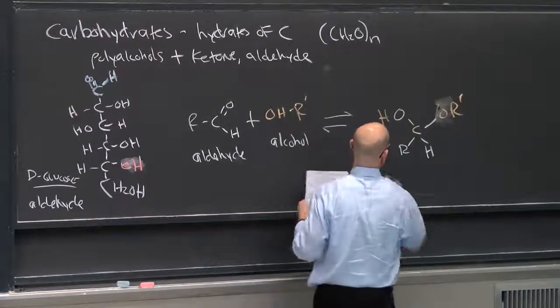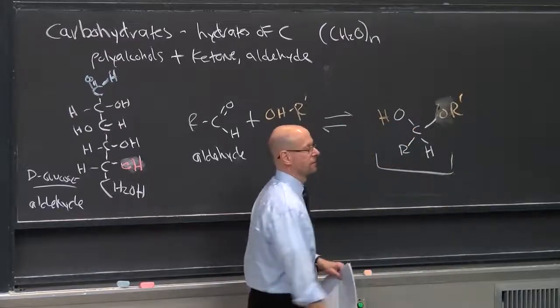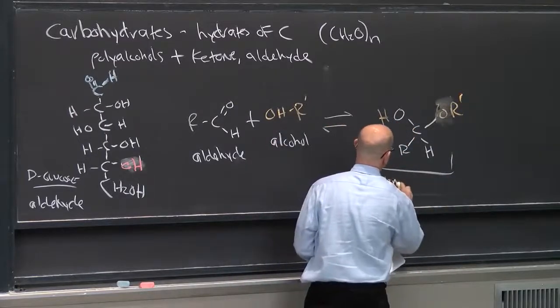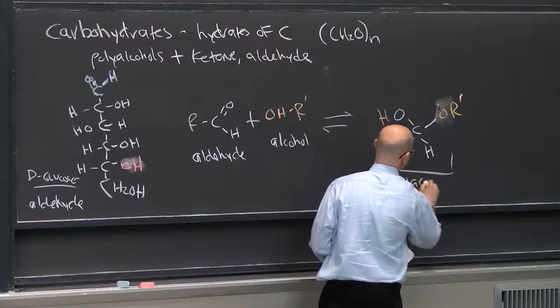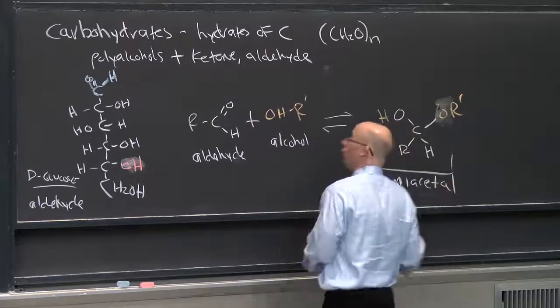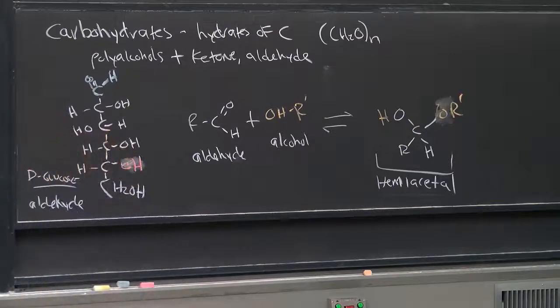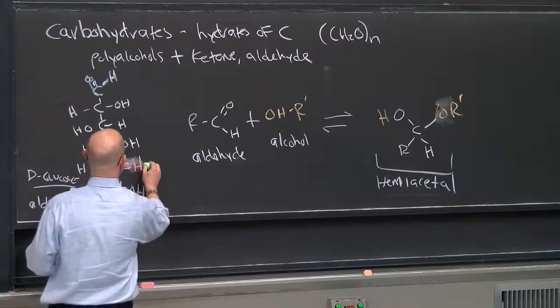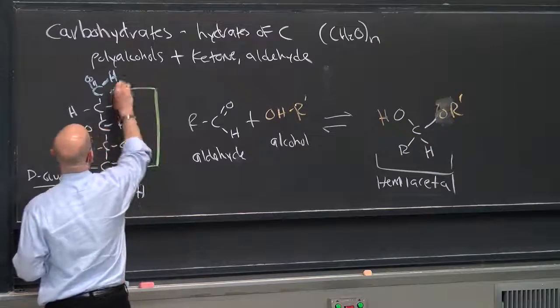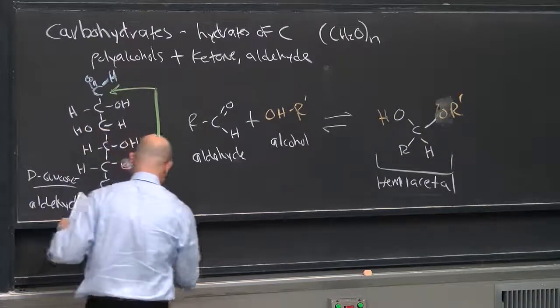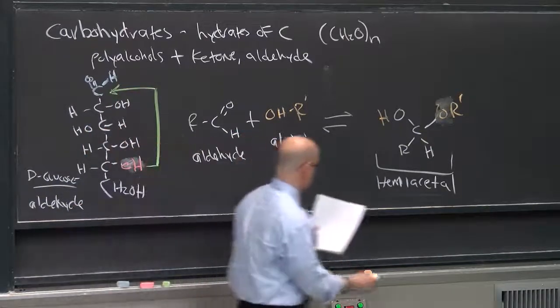Okay, and this is called a what? Hemiacetal. Right? This is a hemiacetal. And so, although I've drawn glucose for you this way, you can easily imagine what happens, which is that this hydroxyl can react with this carbon, and in doing so, give rise to this structure.